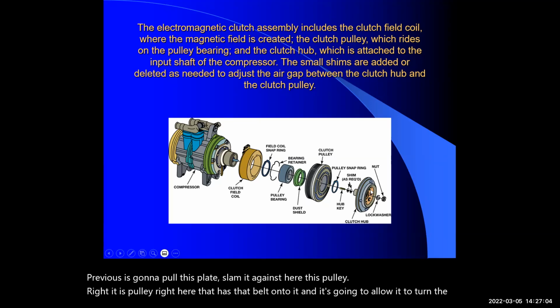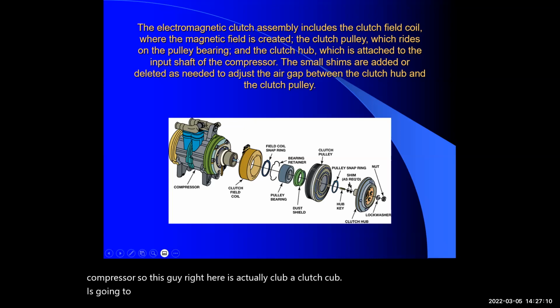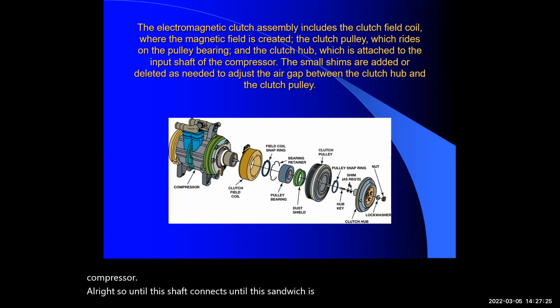So this guy right here, this actual clutch hub, is going to be connected to this shaft right here. This shaft is what's going to be turning the compressor. All right. So until this shaft connects, until this sandwiches up against that pulley, that is just going to be sitting there.